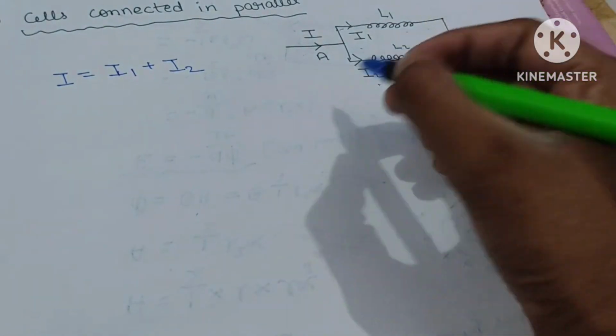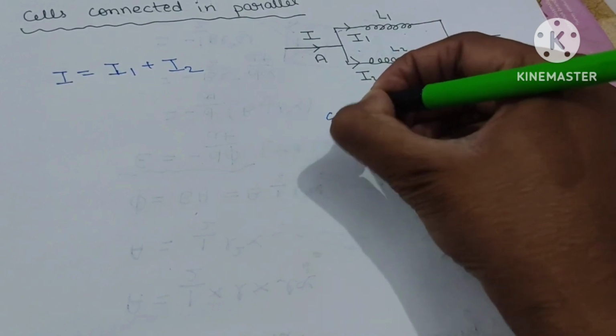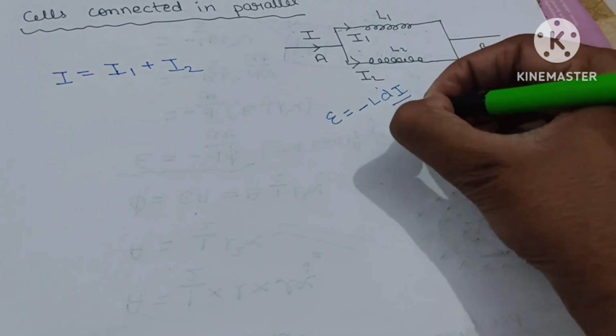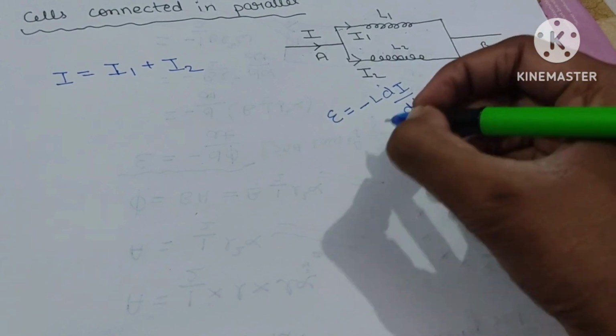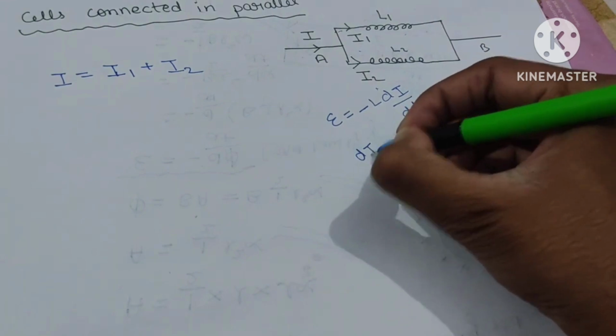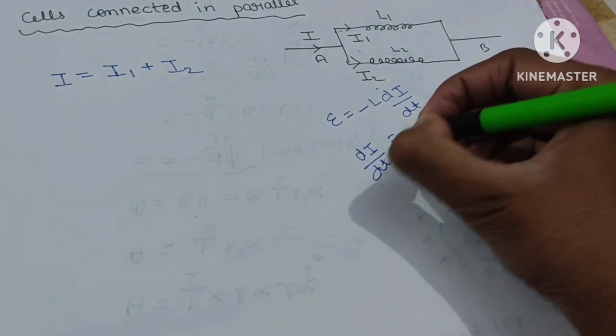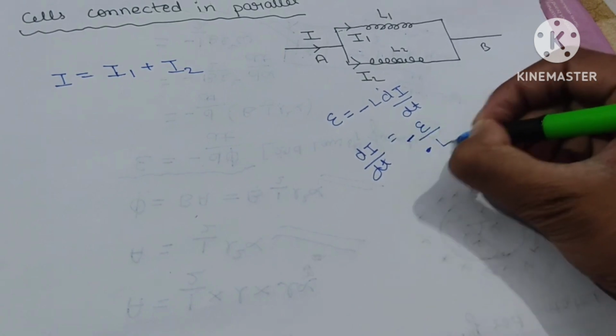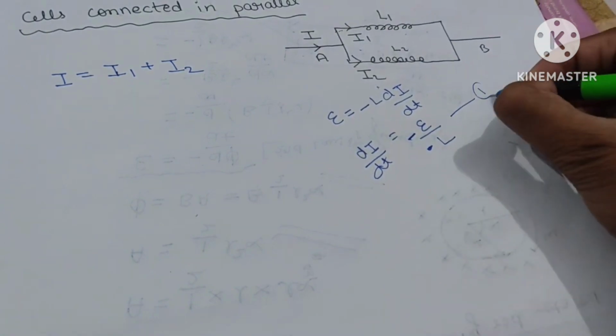Now E is equal to minus L di/dt, so from here di/dt is equal to E by minus L. This is our first equation.